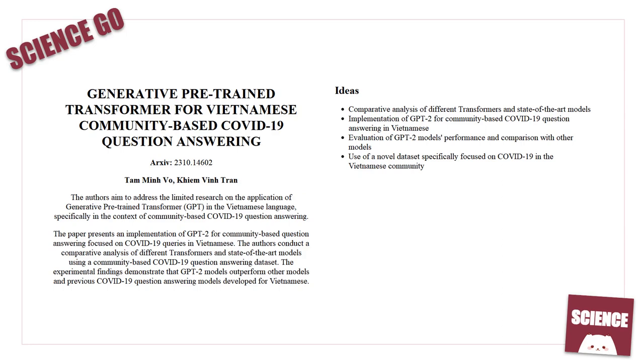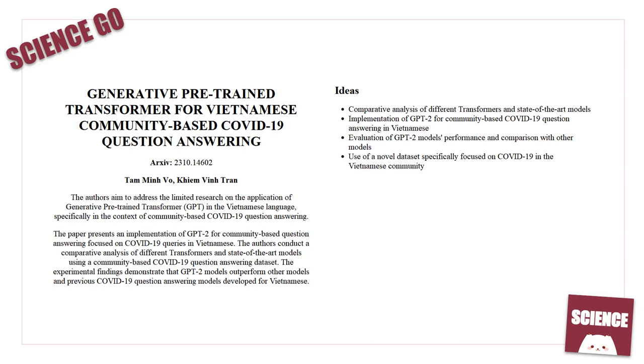The paper on Generative Pre-trained Transformer for Vietnamese community-based COVID-19 question answering focuses on using a special type of artificial intelligence called Generative Pre-trained Transformer. The authors wanted to find the best way to use GPT to answer questions from the Vietnamese community about COVID-19.